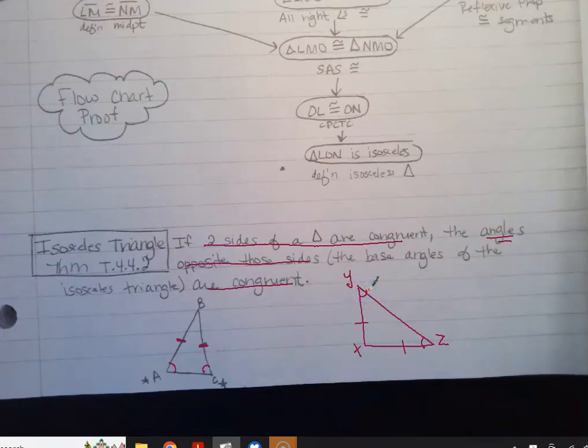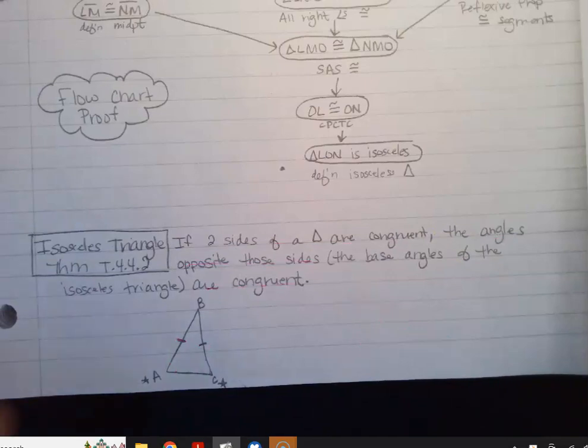Okay, so what angle is opposite of YZ? X, but it's the one that's not congruent, right? It would be closer to a right angle. All right, perfect. So it's always a side and the opposite angle. That relationship is there. Okay, fantastic.